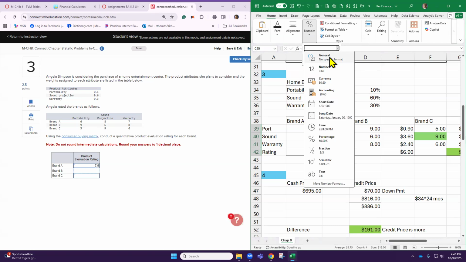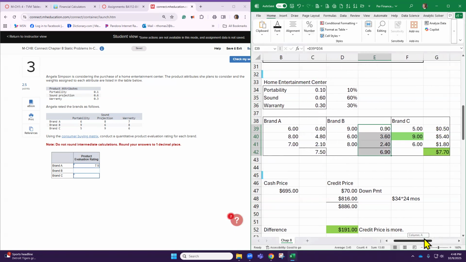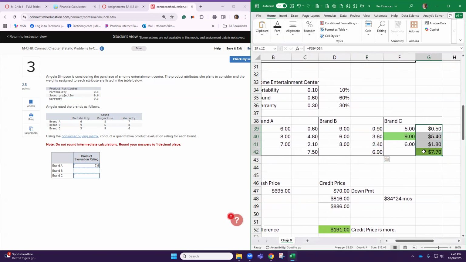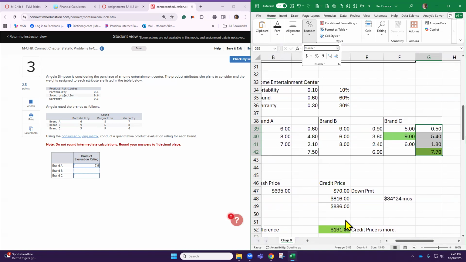So I want to just have a plain number. There it is. Okay, I want to take that dollar sign out so that it doesn't confuse you. So we just want a plain old number. And then finally, the last one, just a plain old number. No dollar sign to it.